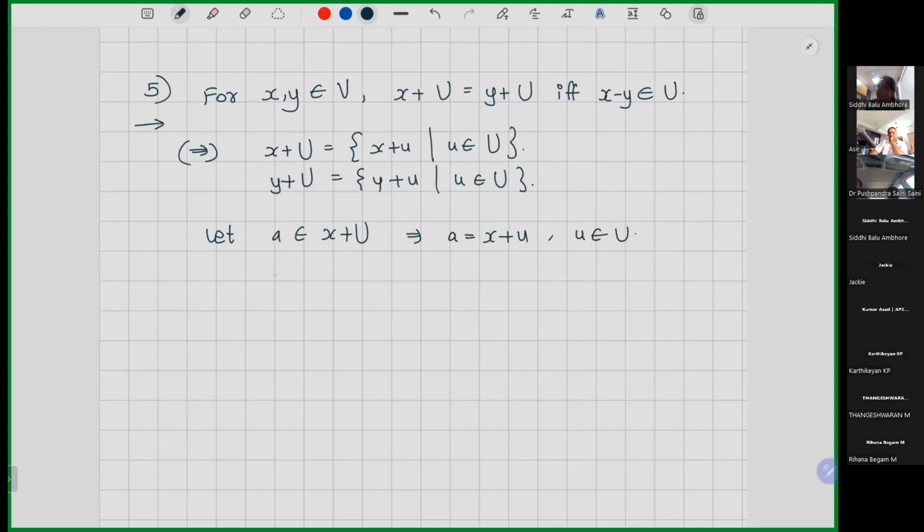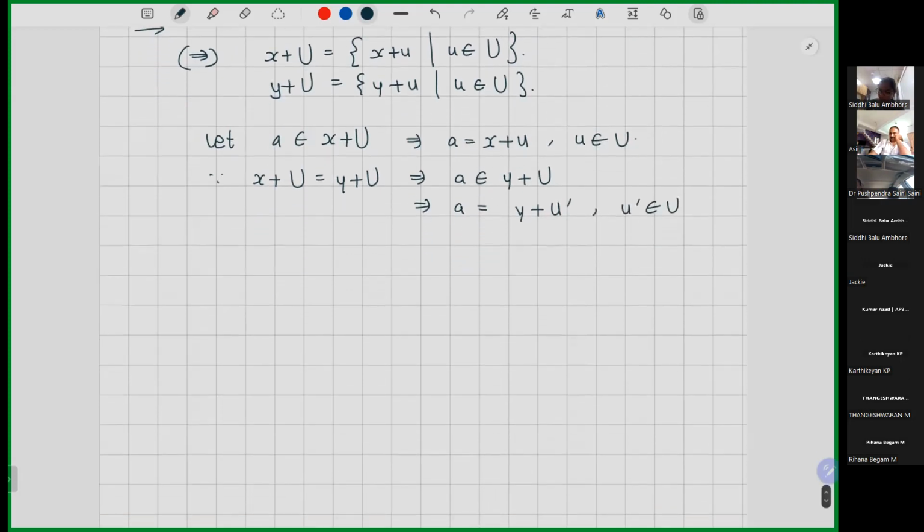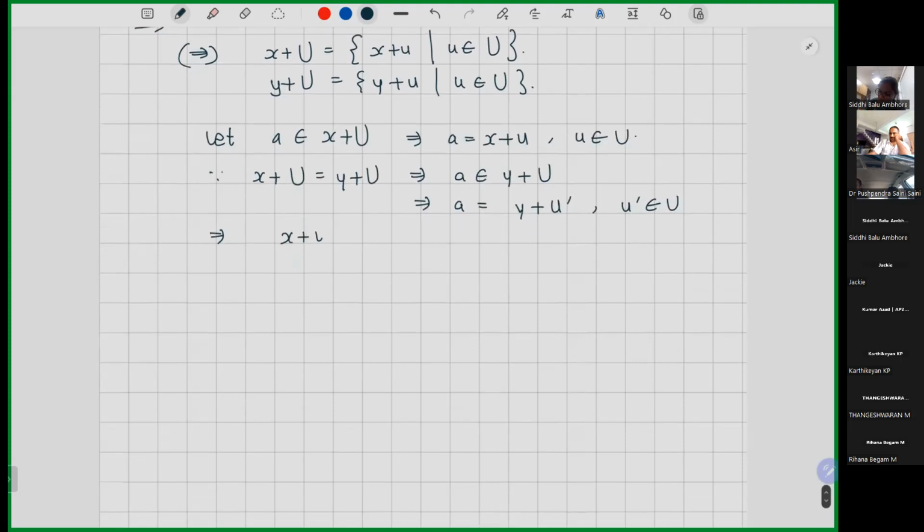And similarly, since x plus U is equal to y plus U, this implies that A belongs to y plus U. And A belongs to y plus U means that A is equal to y plus u dash for some u dash in U. So this implies that x plus u is equal to y plus u dash, and this implies that x minus y is equal to u dash minus u.